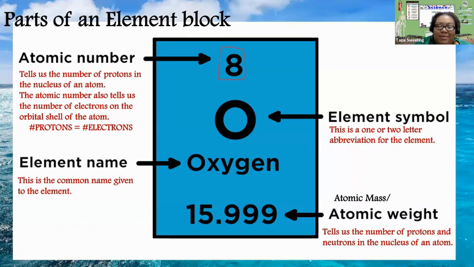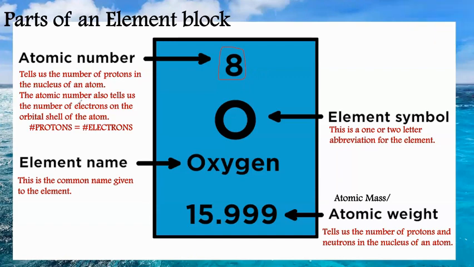This atomic number tells us how many protons we can find in an atom of the particular element. For oxygen, because we have an atomic number of 8, there are 8 protons in the nucleus of an oxygen atom. Everybody understand that so far?